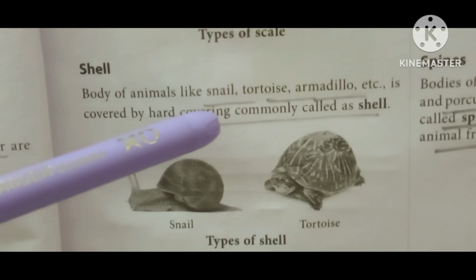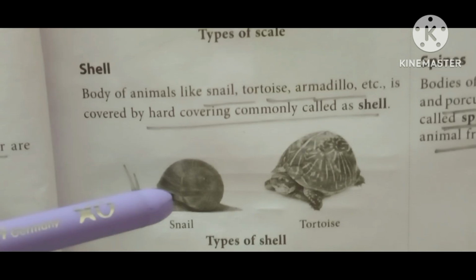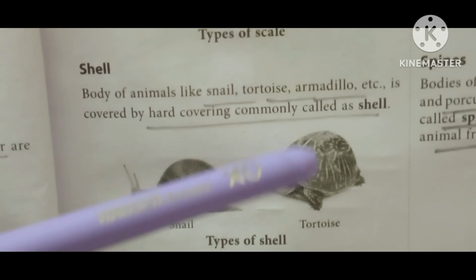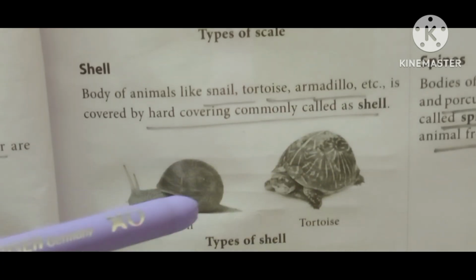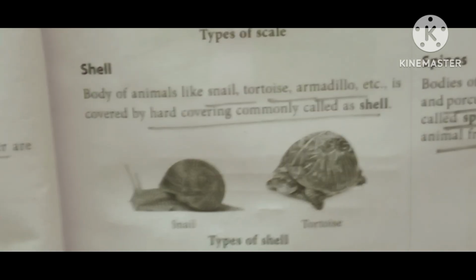These are very tough, so they help to protect their internal organs. We can see the hardest shells in tortoises and snails. This is also one body covering of animals.